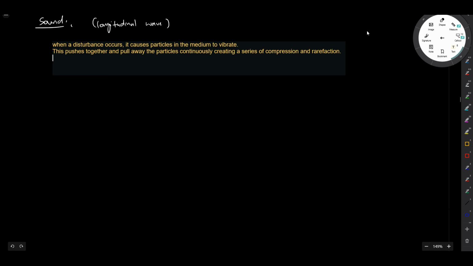Okay, so the second line is quite important. So this pushes together and pulls away the particles continuously, creating a series of compressions and rarefactions.